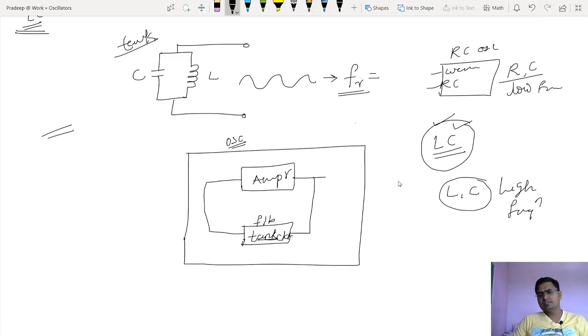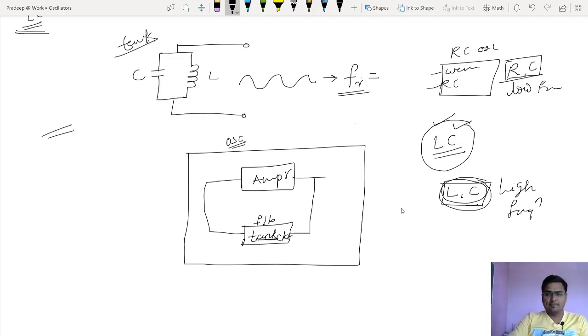Why? Because the inductor and capacitor, the tank circuit, can produce higher and higher frequencies, which is not possible with the resistor and capacitor pair. So those are higher frequency oscillators.